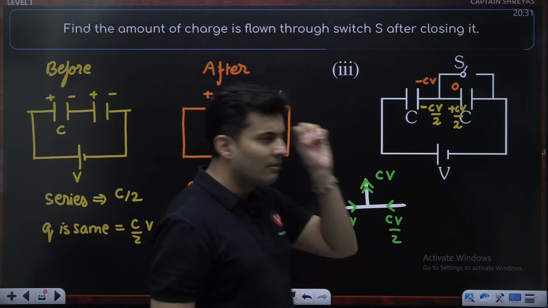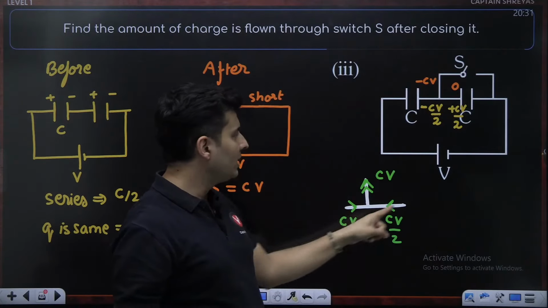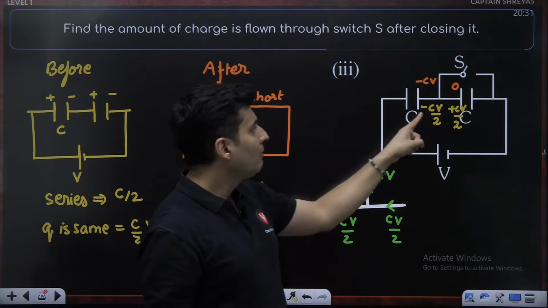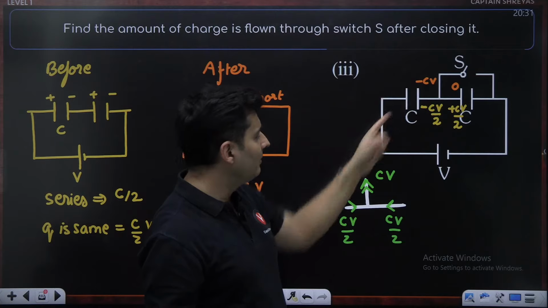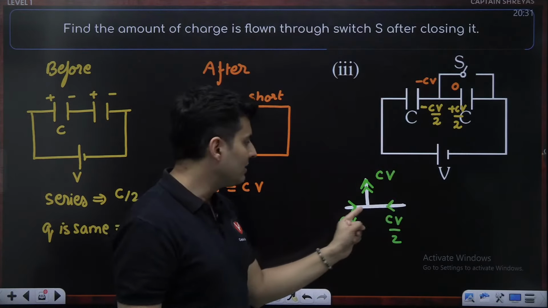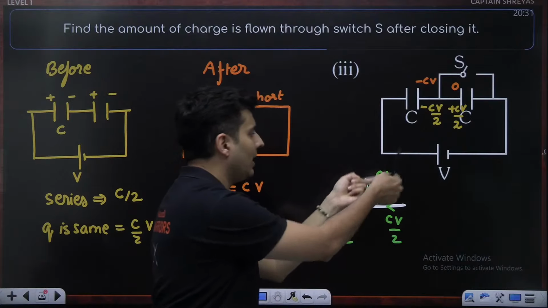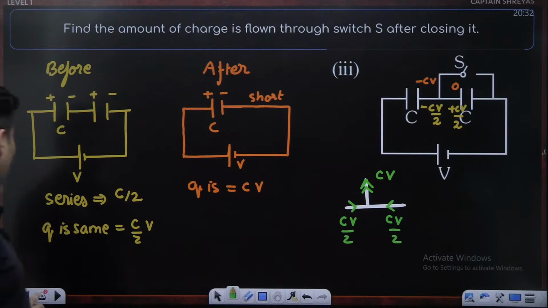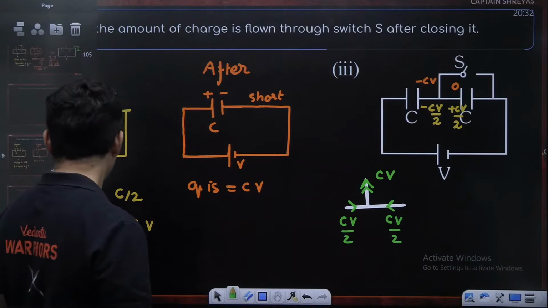So at this junction, CV by 2 became 0, so CV by 2 has disappeared. Minus has become more negative, so the positive charge has gone away from it. So CV by 2 has gone here. They will combine and it will become CV. As simple as that. Very good. Awesome. So these are the kind of questions, guys, that we will see.